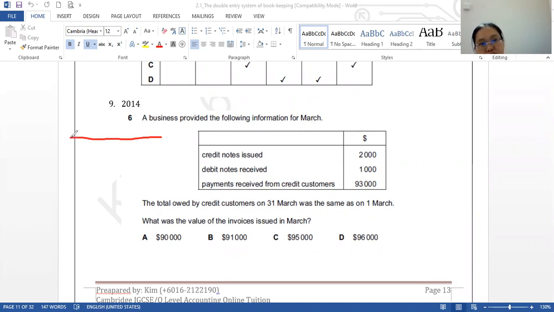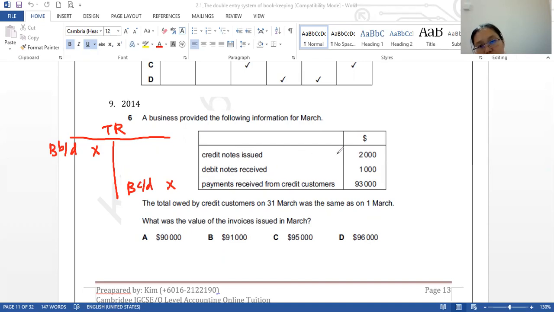So we assume this trade receivable balance brought down is the same amount as the balance carried down, X. So these two have no difference.